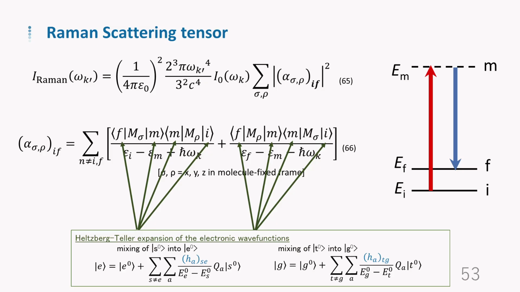And I should be affected by molecular vibration. The electronic wave function of M should also be affected by mixing of the wave function, F also. So let's replace the electronic wave function of I, M, F with this form, the Herzberg-Teller expansion.